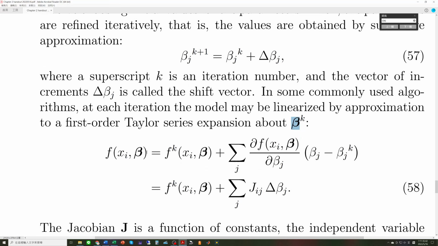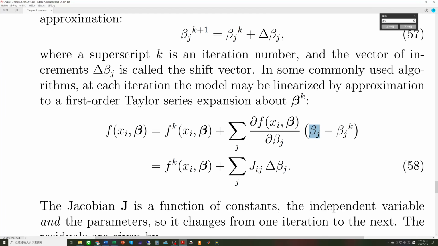So f of xi, beta is equal to f k of xi, beta, the value of f at the kth iteration, plus the summation over j from 1 to n of partial f of xi, beta over partial beta j, times beta j minus beta j k, where beta j is the jth parameter.